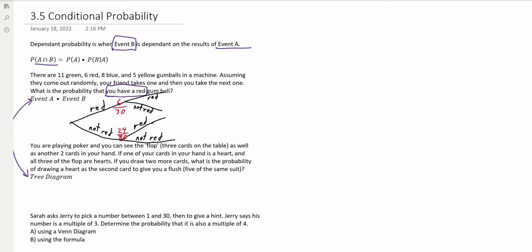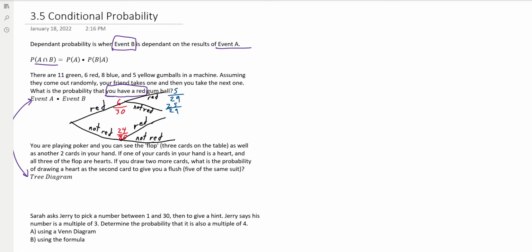Once he has chosen a red one, now it is a 5 out of 29 chance that you choose a red one, and a 25 out of 29 chance that you don't choose a red one.